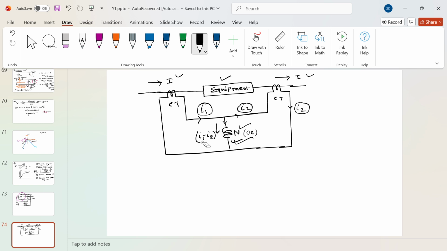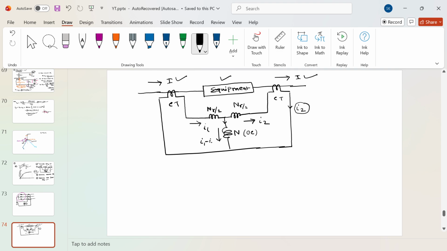We use something called a restraining coil. Let's say the restraining coil has nr turns, so I'll use nr by 2 turns here and nr by 2 turns here. Let's say there is no fault, and the incoming current is I and the outgoing current is also I. Here your current will be I1, here it will be I2, and the operating coil current will be I1 minus I2.